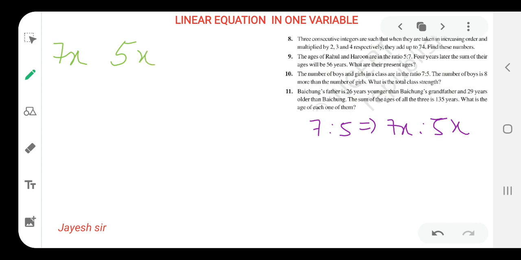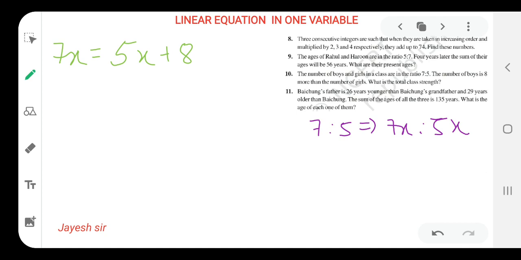Boys are 8 more than the number of girls. So if we add 8 to the girls then both will be equal. Yes friends, after adding 8 to the girls, the number of boys and girls would be equal. I hope you all are getting it.